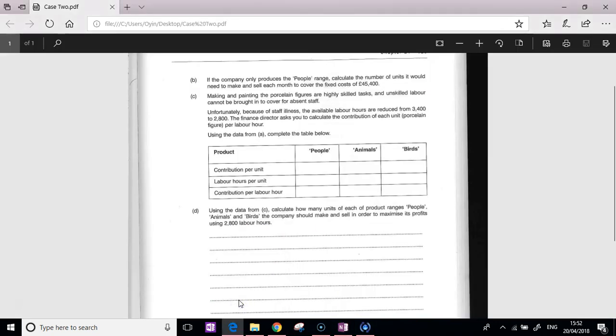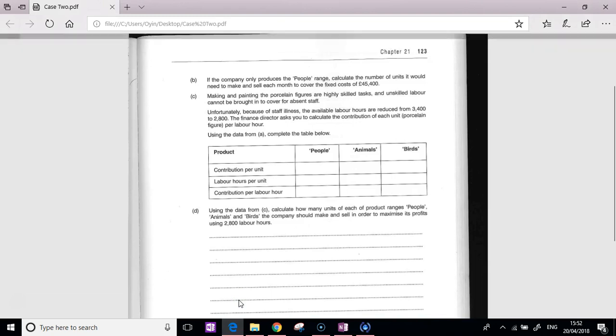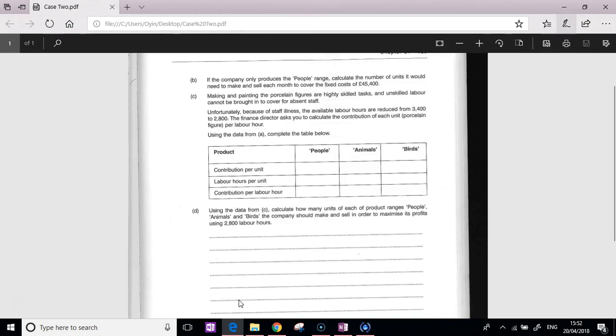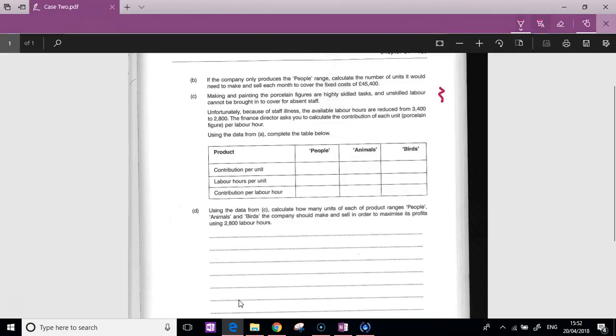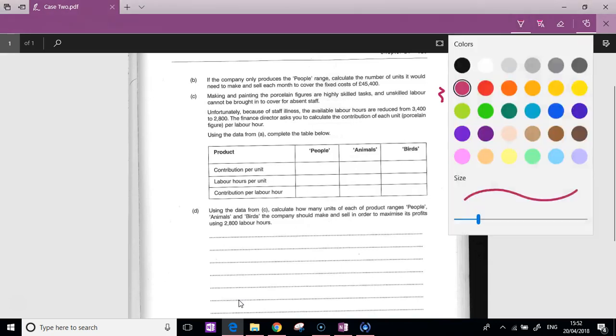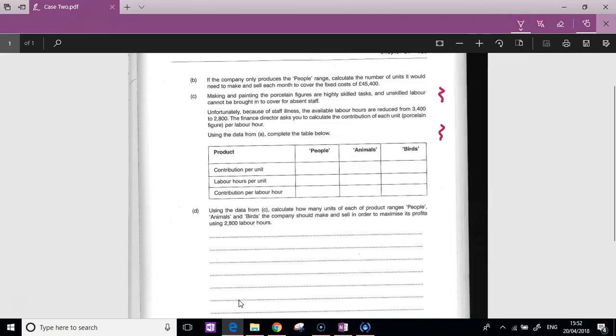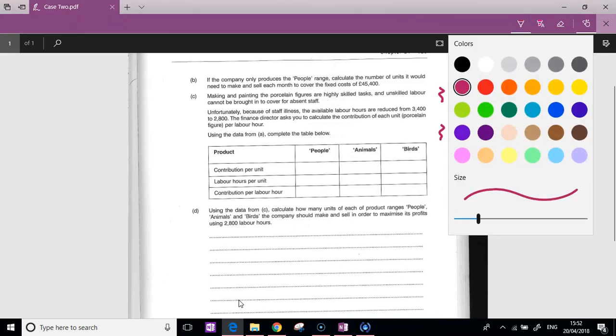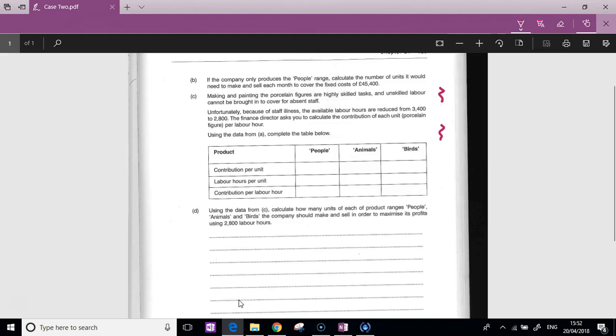So on the next page, they ask us to, oops, sorry, let me just get my pen. Okay, great. So then they ask us to, let's just change the size a little. Okay.